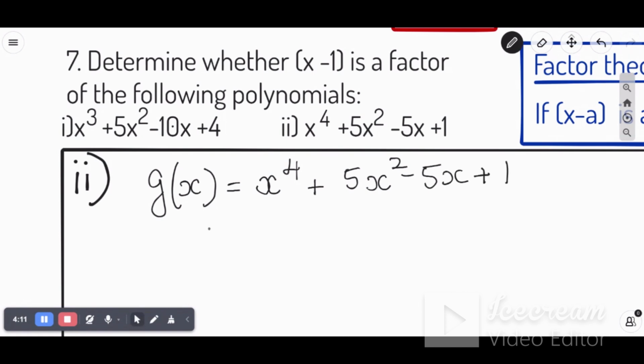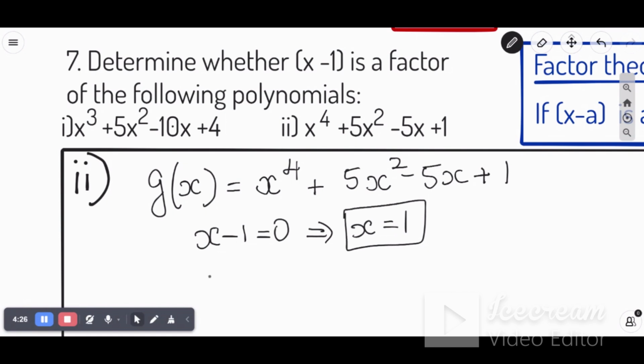Here also you have to check whether x minus 1 is a factor. So let us equate it to 0 to find your value of x, which is x is equal to 1. For a factor, you have to get this value as 0, which means you have to check whether g of 1 is coming as 0.